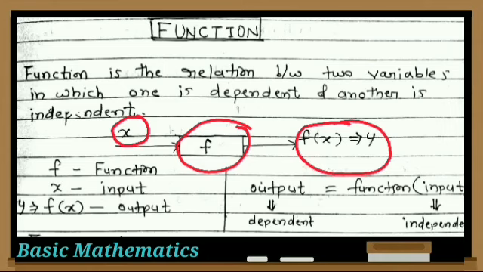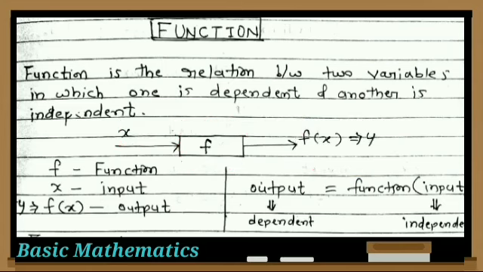So what is the function? Function is the process in which x is provided as input, and after the processing of input x, we get the output f(x) equals y.